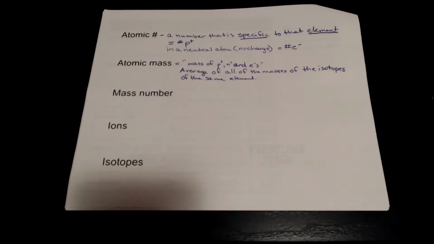So if I take all the different types of carbon that are out there, which again, if we're talking about isotopes, things like carbon-14, carbon-13, carbon-12, which is your regular, naturally most abundant type of carbon, and I add up all of those masses together and divide them by whatever the number of types there are, that's how I'm getting an atomic mass.